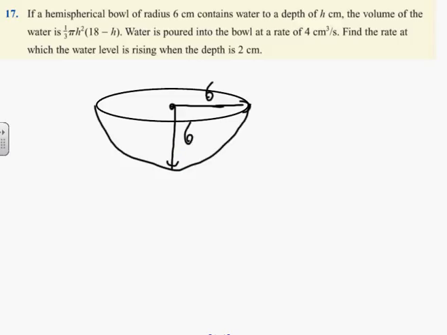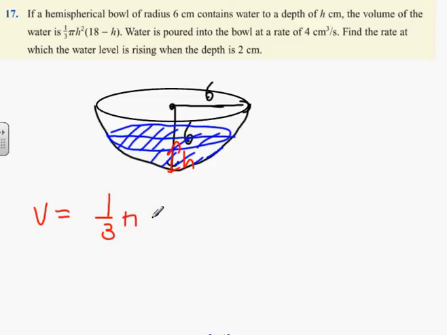And it contains water to a depth of h. So you're going to have some water in here, and the depth of the water is going to be h. You can argue that that's h there from the bottom. The volume of the water is a third pi h squared times 18 minus h.